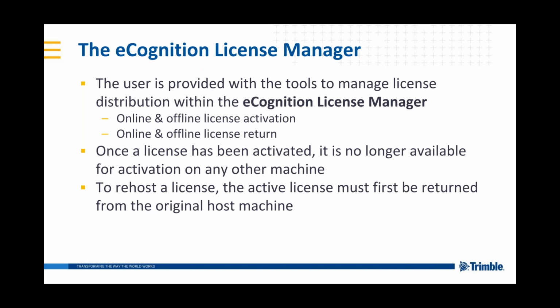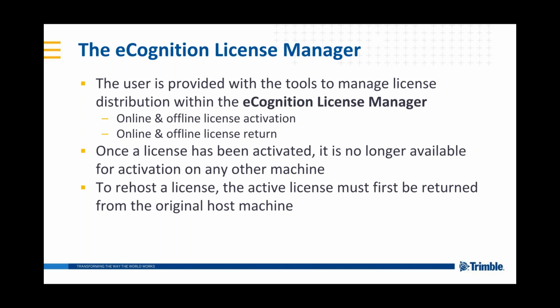So once a license has been activated, it's no longer available to be activated on another machine. Well, once it's on machine 1, you can no longer put it on machine 2. If you need to rehost a license and move it from machine 1 to machine 2, then the active license must first be returned from the original host machine.